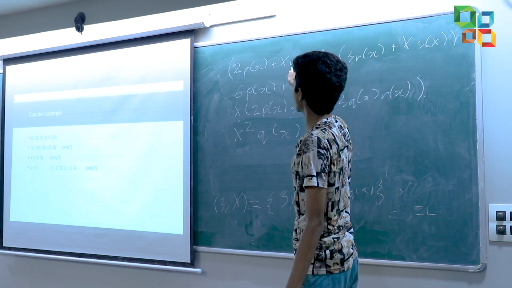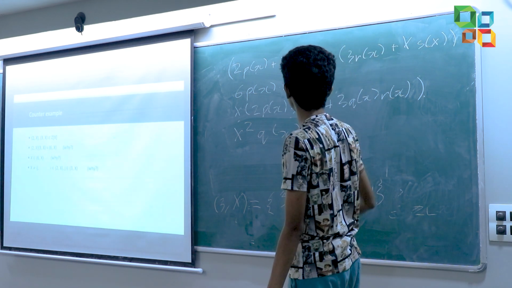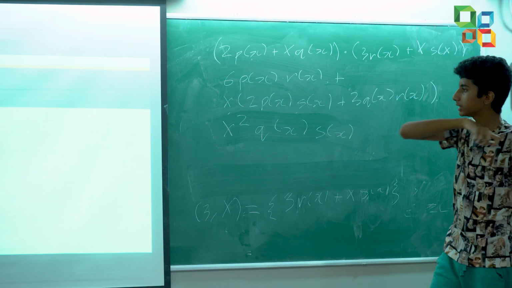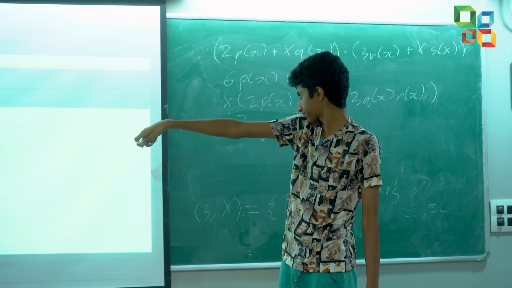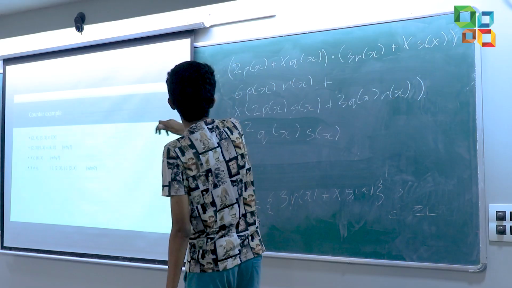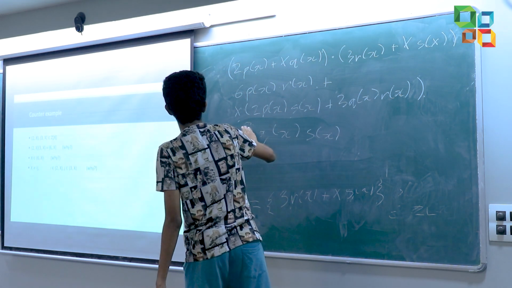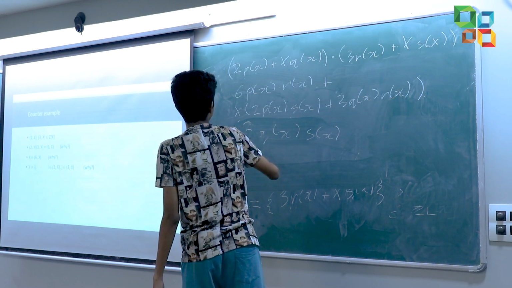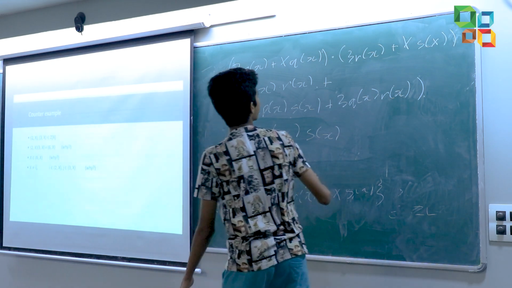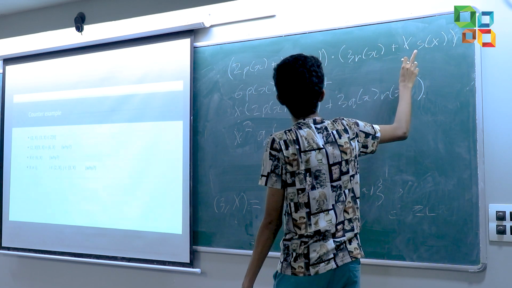Now, this is how the form of any product looks. We see that x belongs to (6, x). Sorry, I didn't notice that. Okay, x squared q(x) times s(x).